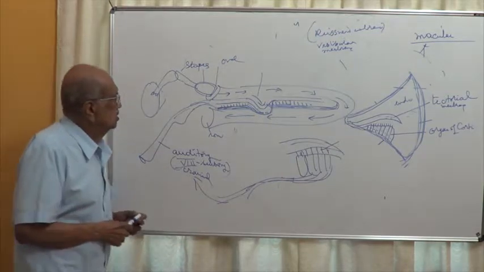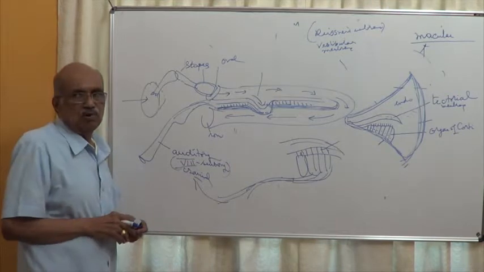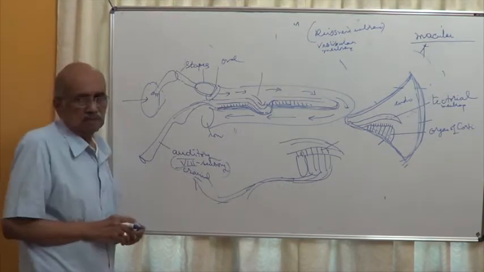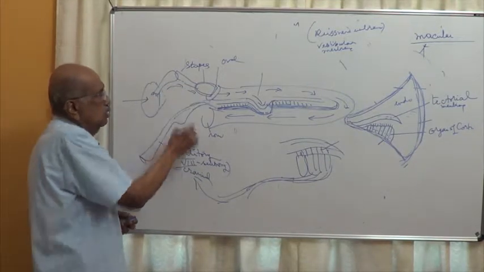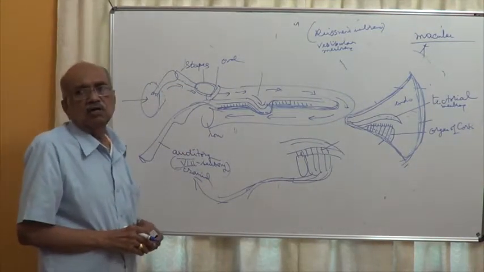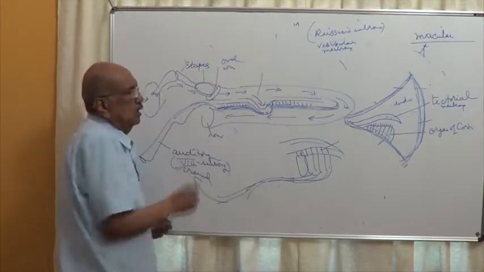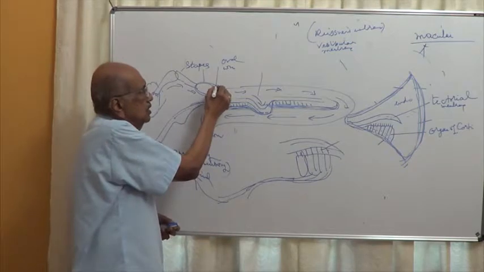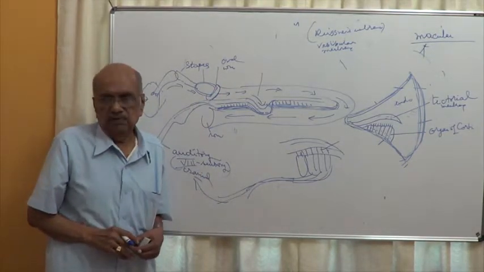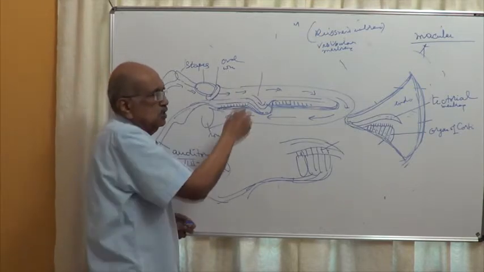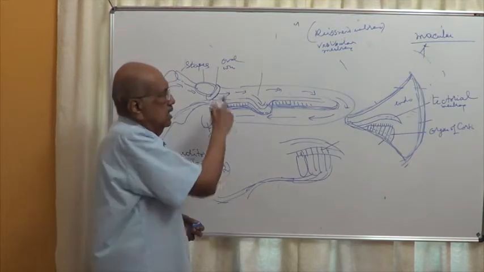Well, airborne sound waves strike the tympanum. From the tympanum, the vibrations are conveyed through the three auditory ossicles to the oval window. From the oval window, the vibrations are conveyed into the perilymph. The perilymph responds to the sound by movement.